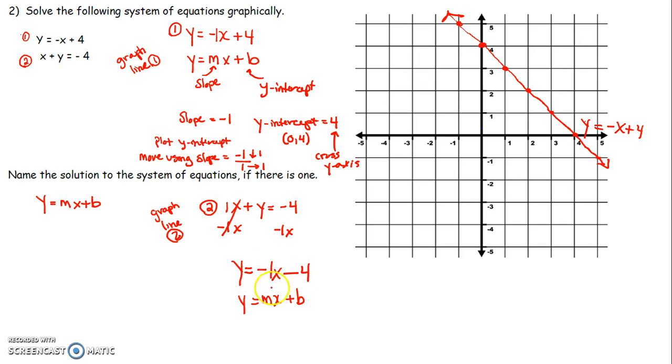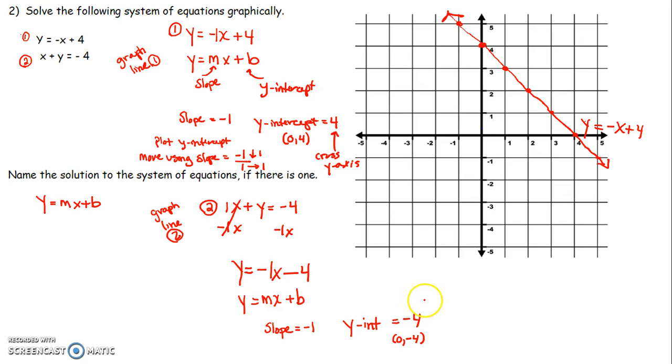Now for this equation, I can tell you my slope is -1. It's that number right in front of the x. And I can tell you my y-intercept is -4. If this had been a plus sign in front, it would have been a +4, but because it's a minus sign, my y-intercept is -4, or 0, -4.